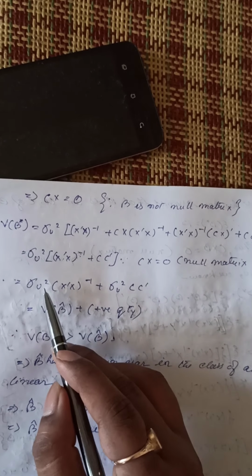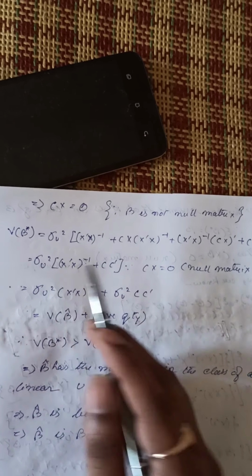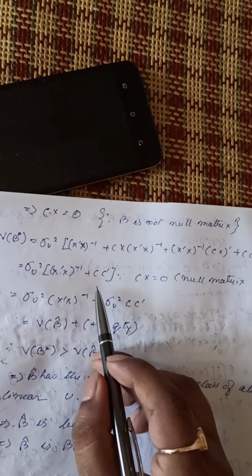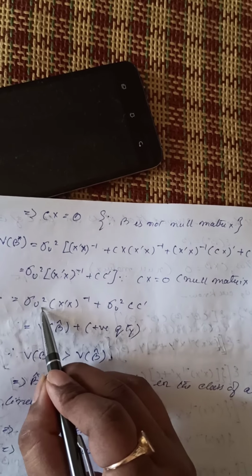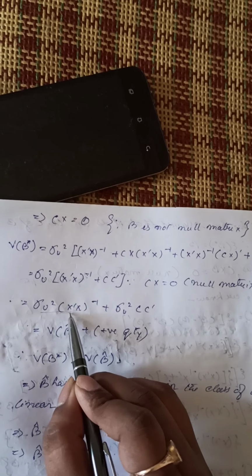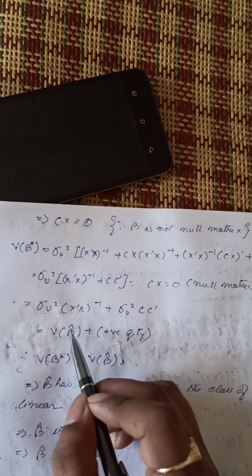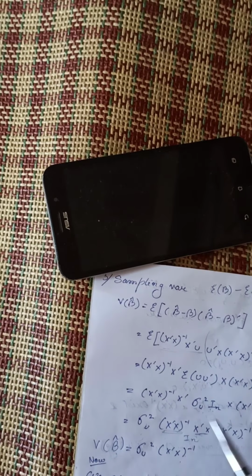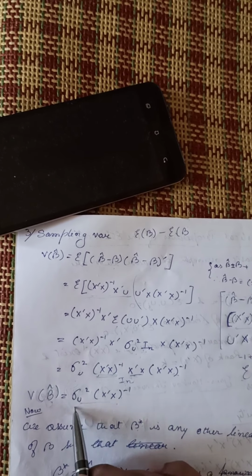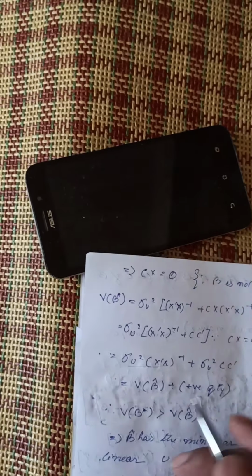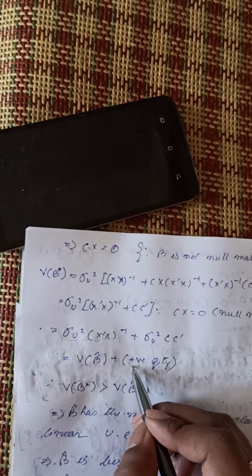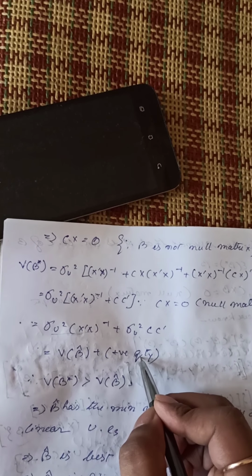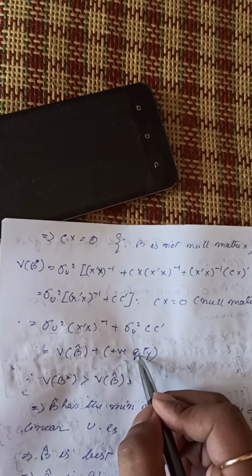And lastly, we will distribute sigma u square with both of these two terms. Now this term is equal to variance of beta cap. See, variance of beta cap is this. Okay, plus some positive quantity or some positive amount.